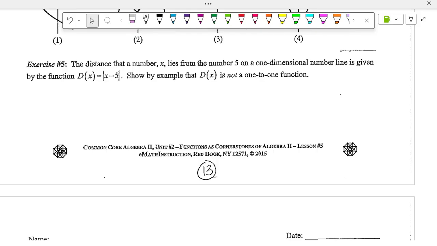So again, it doesn't matter what numbers you pick. The only number that I recommend not picking is 5 itself, because 5 minus 5 is 0, and 0 does not have a negative counterpart. Just pick a number to start with, plug that in for x, and then find its opposite sign counterpart, or find what value of x would give you its opposite sign counterpart.